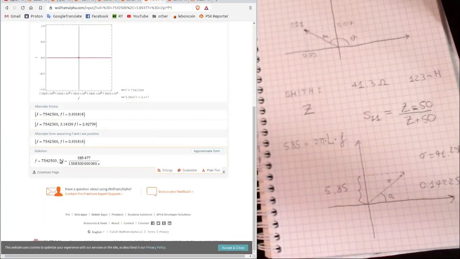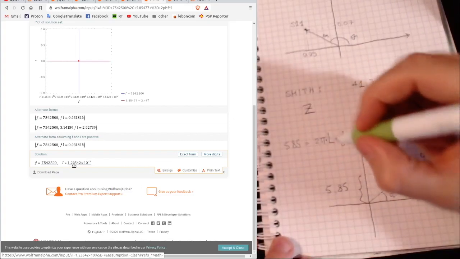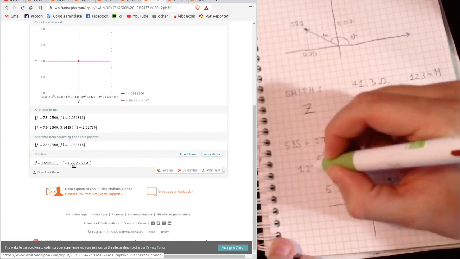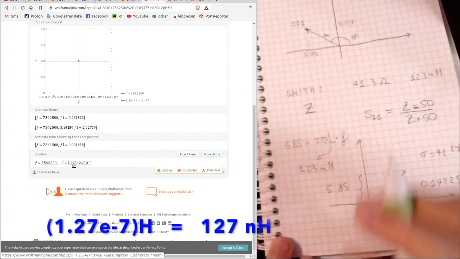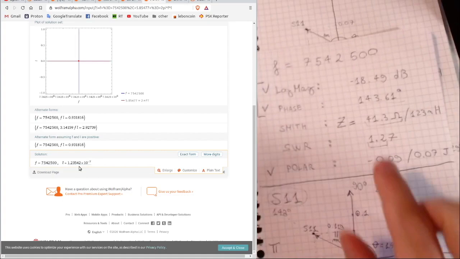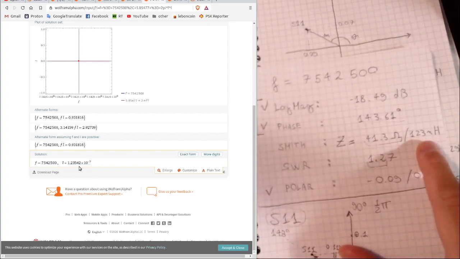And here we are getting an exact result, so let's approximate it to see precisely. We are getting a value for L of 123 nanohenries, more or less, as you can see here. And this is what we had at the beginning, given to us by the NanoVNA.